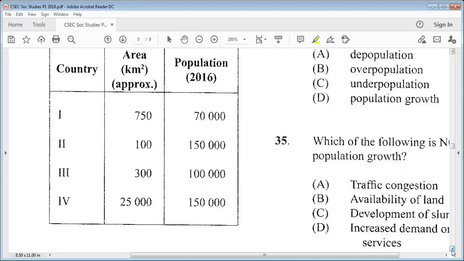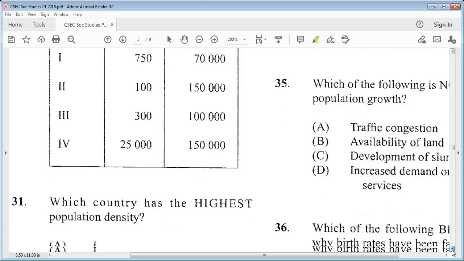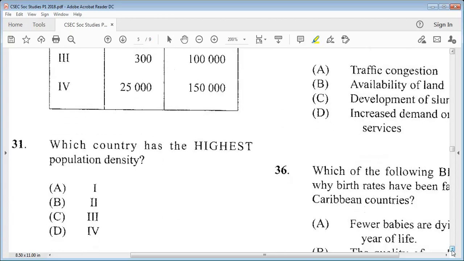Let's look at the question. The question says, which country has the highest population density? Is it A, country 1, B, country 2, C, country 3, or D, country 4? Now, what is population density?